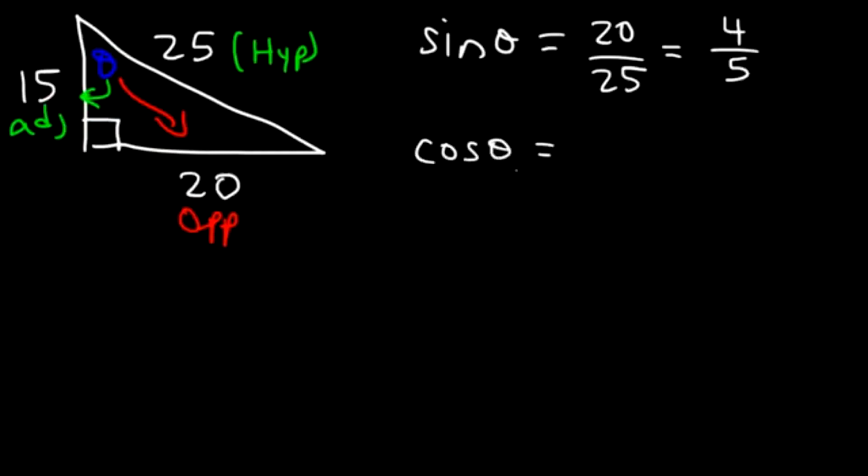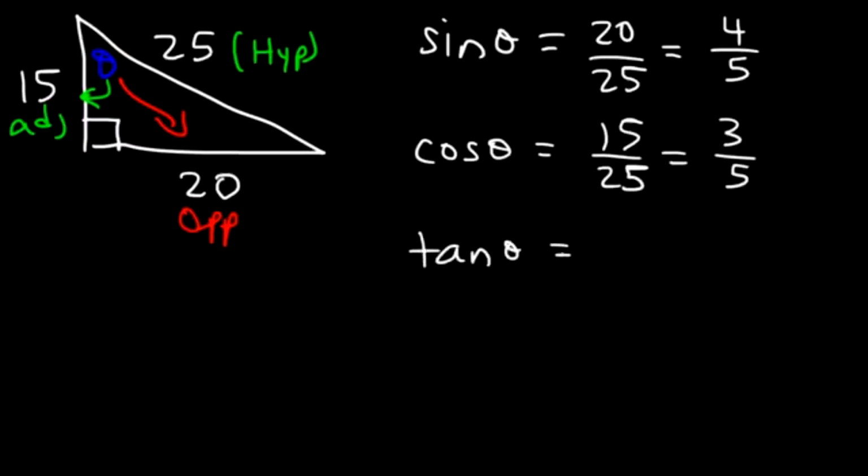Cosine theta is adjacent over hypotenuse, so that's 15 divided by 25, which reduces to 3 divided by 5. Tangent theta is opposite over adjacent. So 20 over 15, which becomes, if you divide by 5, 4 over 3.